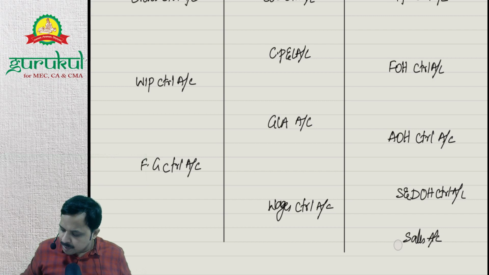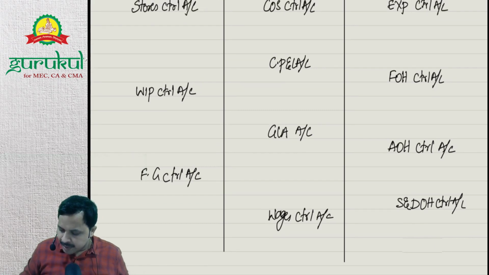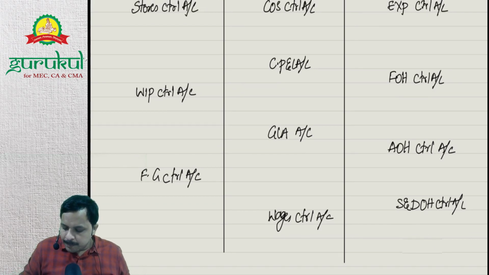Okay. Let us leave that. Remember, we have one more account, sales account, that we can write later. So these are the accounts that we open in order to solve a particular question.